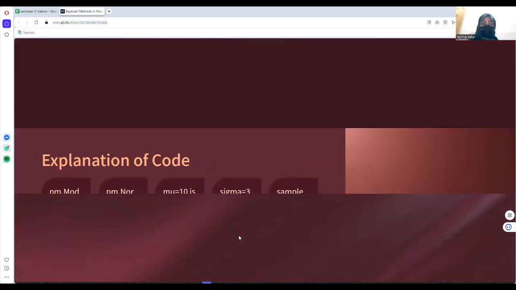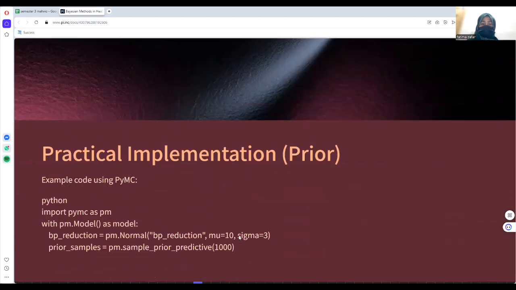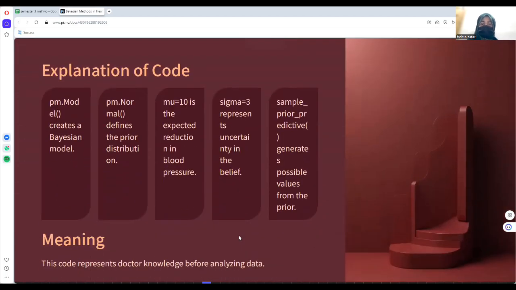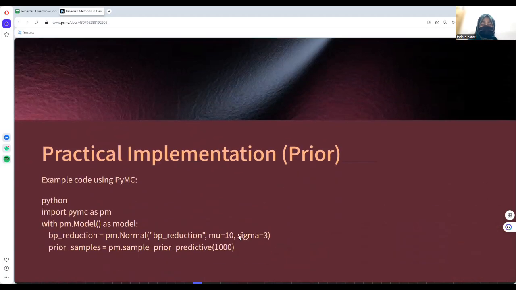And at the end we see sample_prior_predictive, which generates possible values from the prior. So this code represents the doctor's knowledge before analyzing the data. And this is just a little bit of practical implementation.